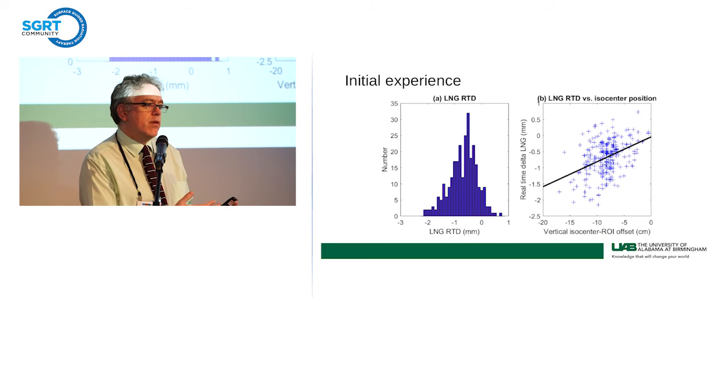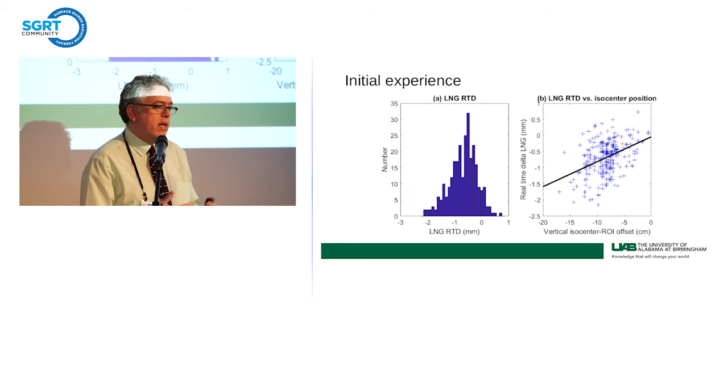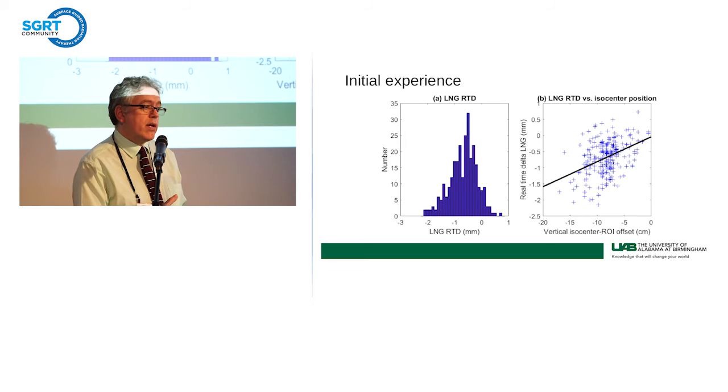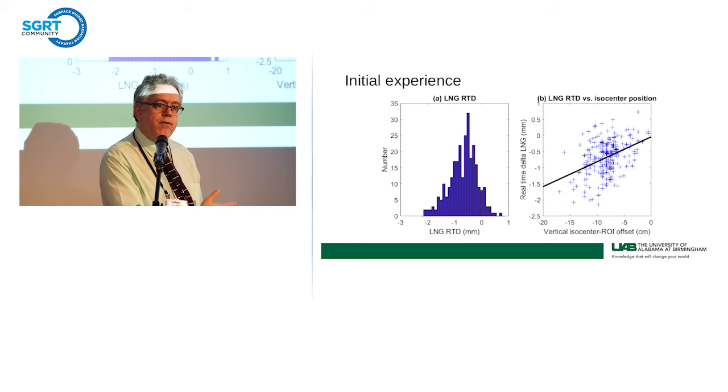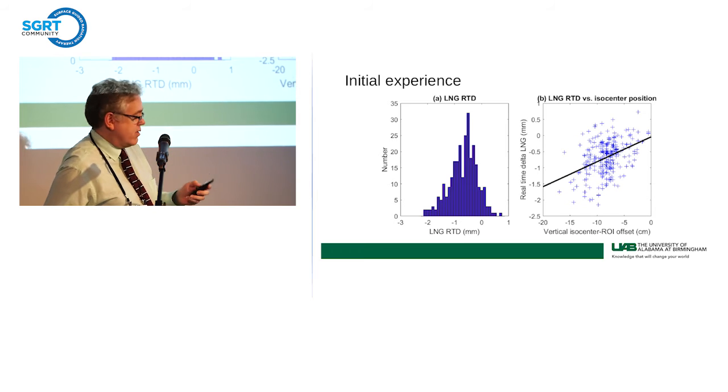So instead of using the default model for the camera, a camera-specific model was created using optical targets, and then each camera had its own model. So it wasn't really a software change, but it was a change from the standard default model of each camera to a camera-specific model. That resolved this isocenter position issue.